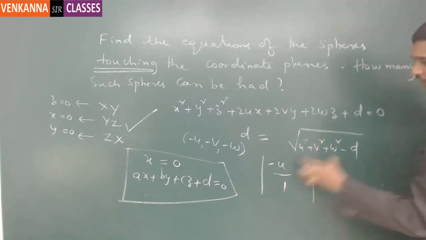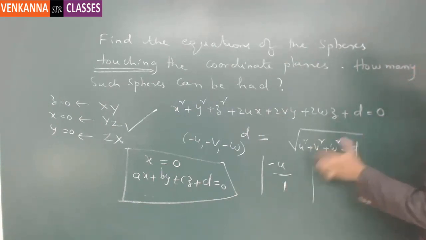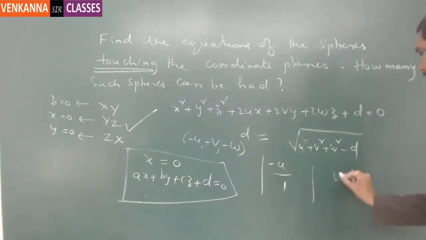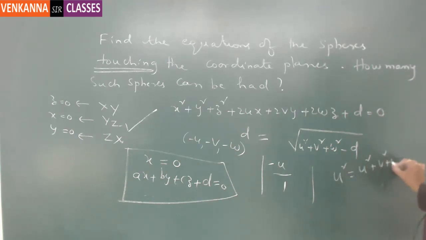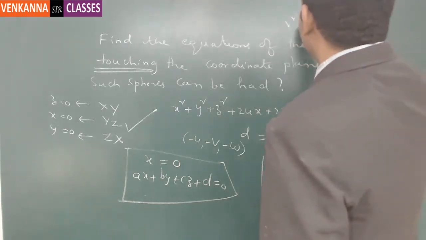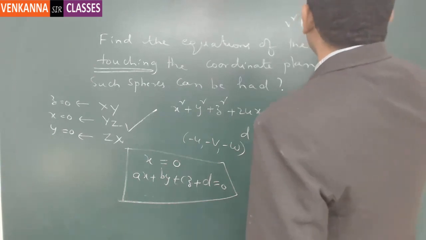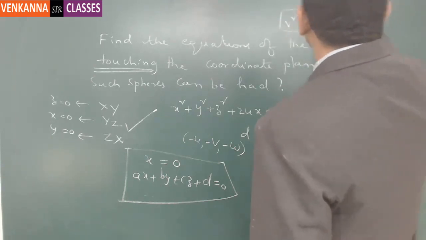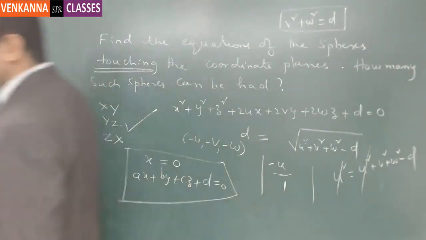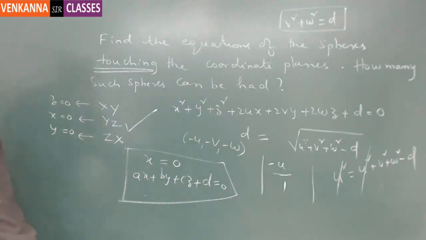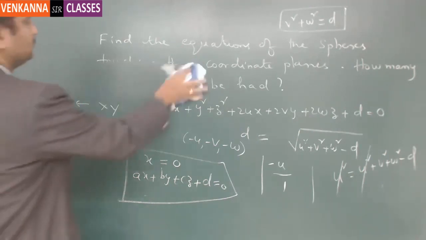So this is equal to radius. Squaring on both sides, you get that u square is equal to u square plus v square plus w square minus d. U square gets cancelled. So you have the thing v square plus w square is equal to d. All of you please note that. After noting, please tell.